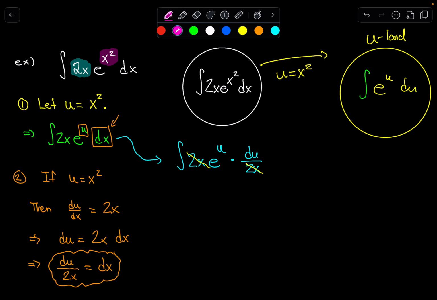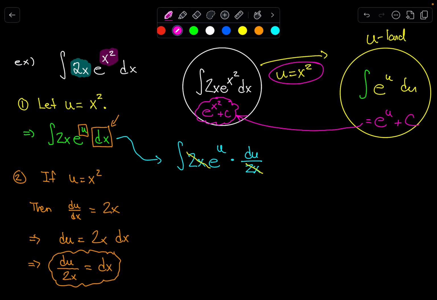And we say, well, what's the antiderivative of e to the u? That's just e to the u plus c. And now we just go backwards. We use this same transformation, and our final answer is just e to the x squared plus c. And there is our answer nicely worked out.